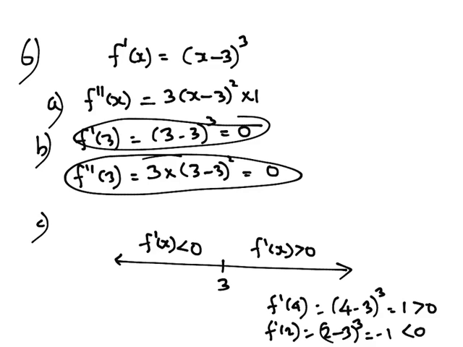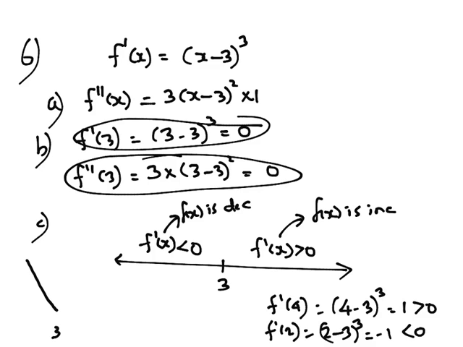So this means the function is decreasing before 3. This means the function is increasing after 3. So the function, let's say this is 3, is decreasing before 3 and then increasing after 3.